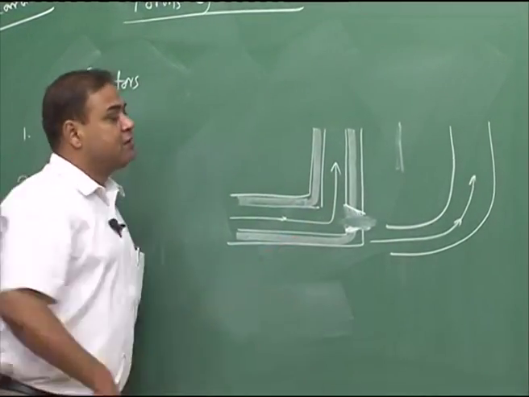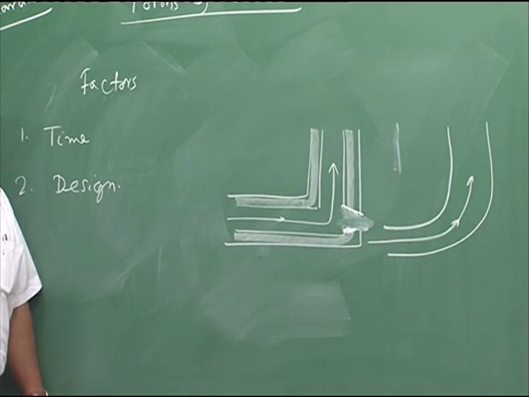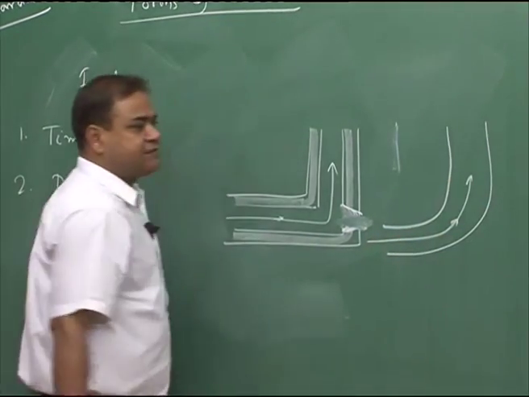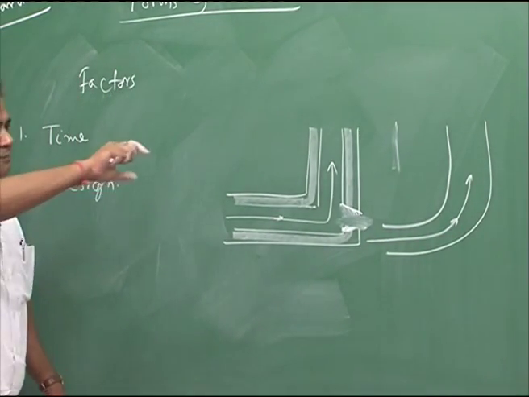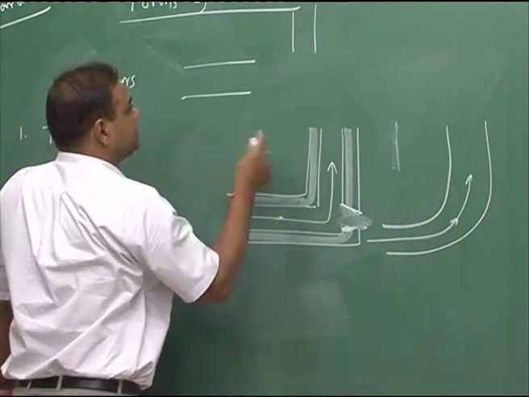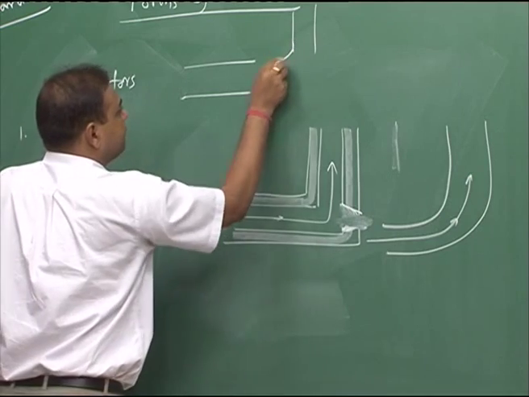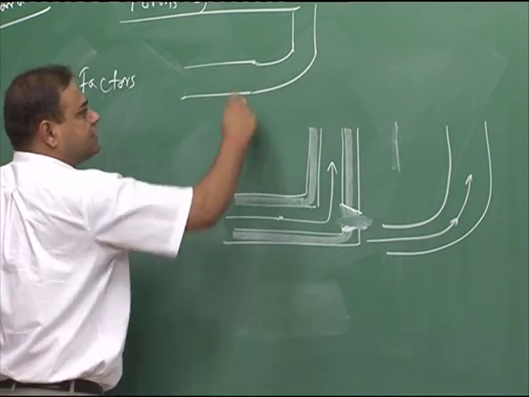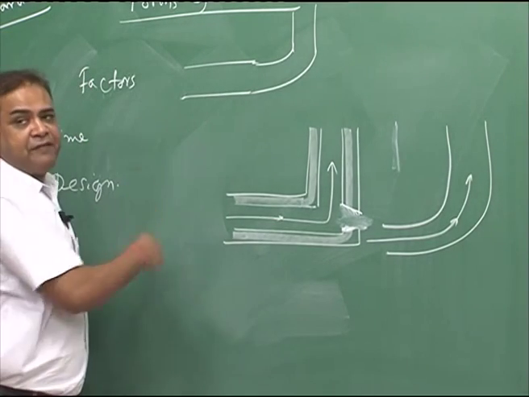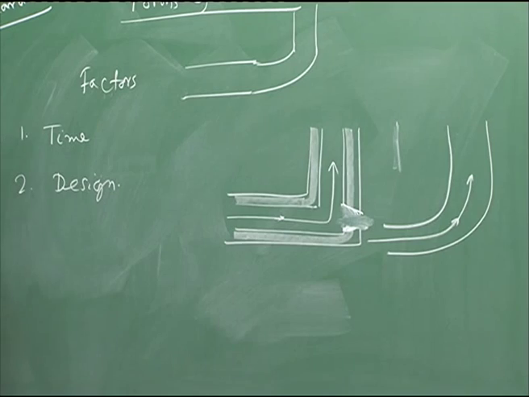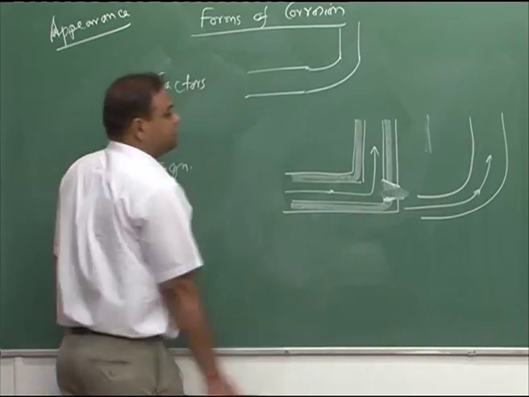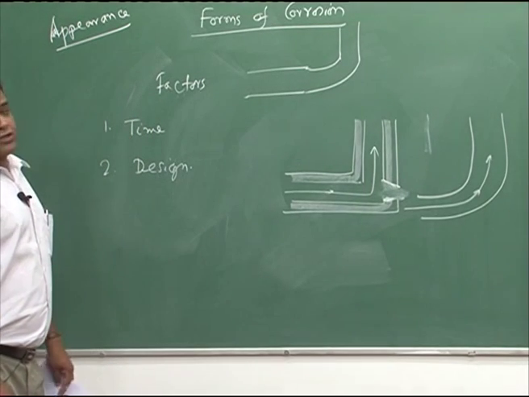So, this can function for a longer duration. That is what you will see in most pipeline fittings: one pipeline is there, another pipeline is taking a turn, and you have a bend or connector, and that connector is always a smooth bend. So, this is a design factor which can improve the functionality of the particular structure against corrosion.